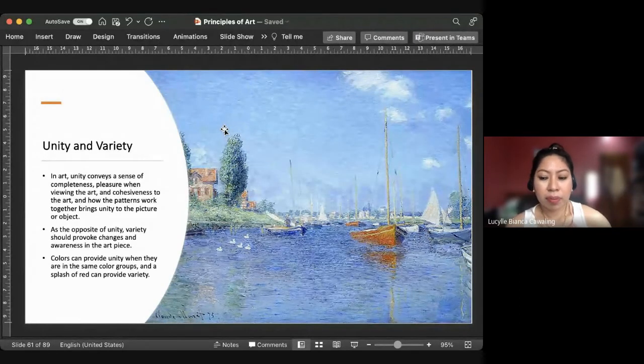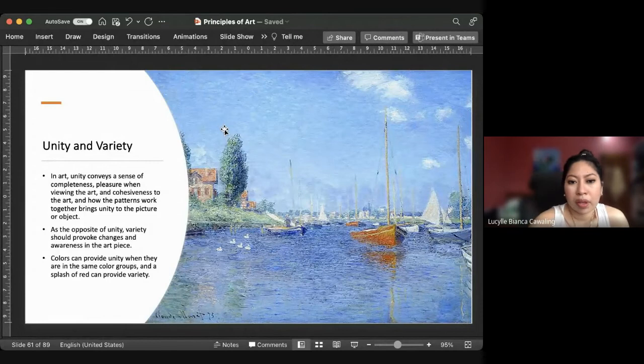So, for example, the colors here provide unity. So it gives out a sense of unity because of the same colors.